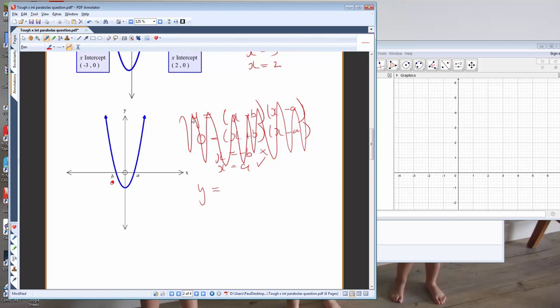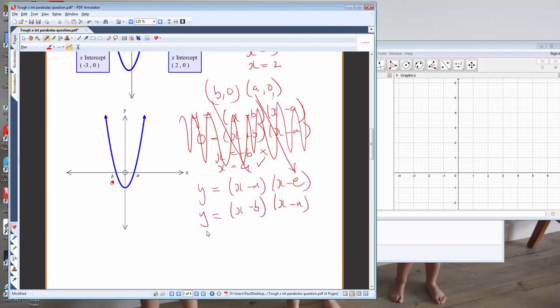We're assuming a dilation factor of 1, (x - d)(x - e). We're going to slot in our intercepts, which are (b, 0) and (a, 0). So that goes in there, and that goes in there. y = (x - b)(x - a).